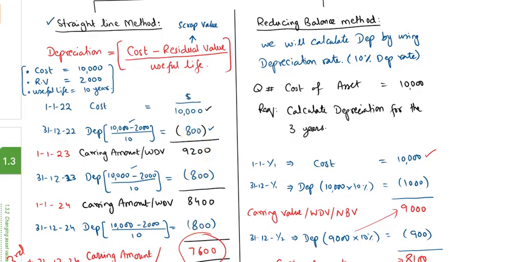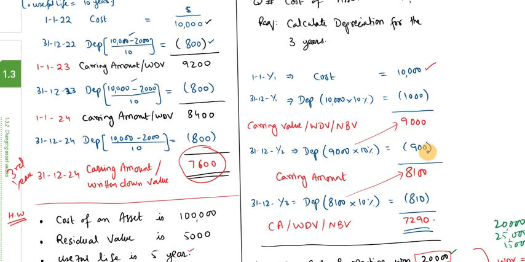But in the reducing balance method, the depreciation of the first year will be higher than the second year, and the third year is lower than the second year. So if we use the asset mostly in early time, it's preferred to use the reducing balance method.